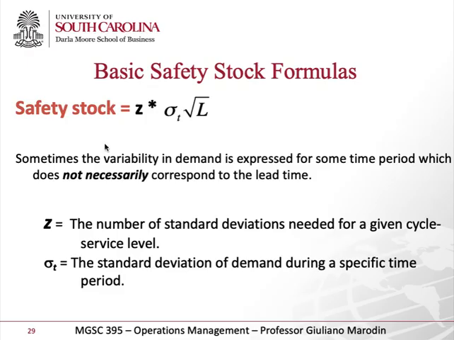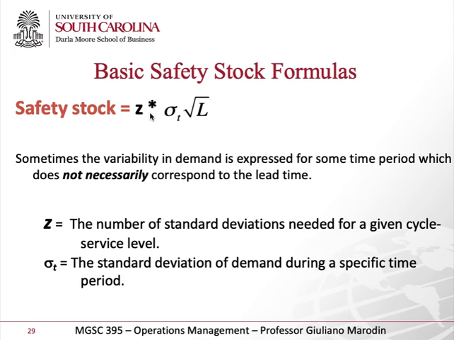So why do we want the Z-score? We want the Z-score to put into the safety stock calculation, and this is the math for calculating safety stock. So safety stock will be the Z value, and the Z value will depend on the service level.